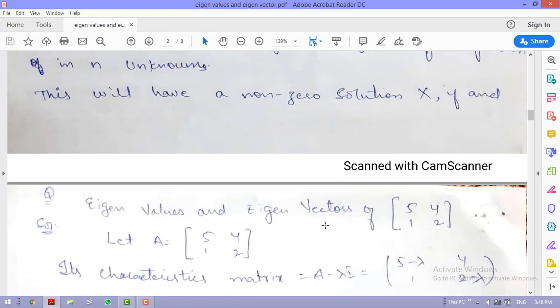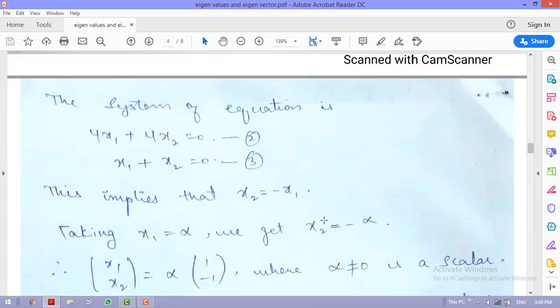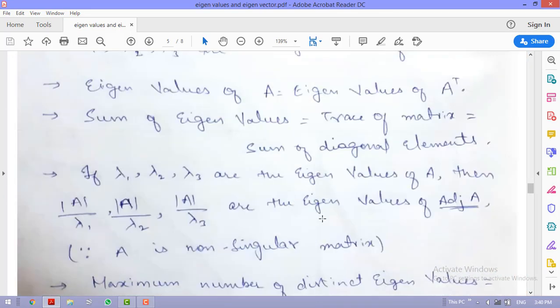If the order of this matrix is 4 by 4, then we will get 4 eigenvalues. If it is a 7 by 7 matrix, then you will get 7 eigenvalues. So it depends on the size of the matrix. Okay, so hope you understood that one.